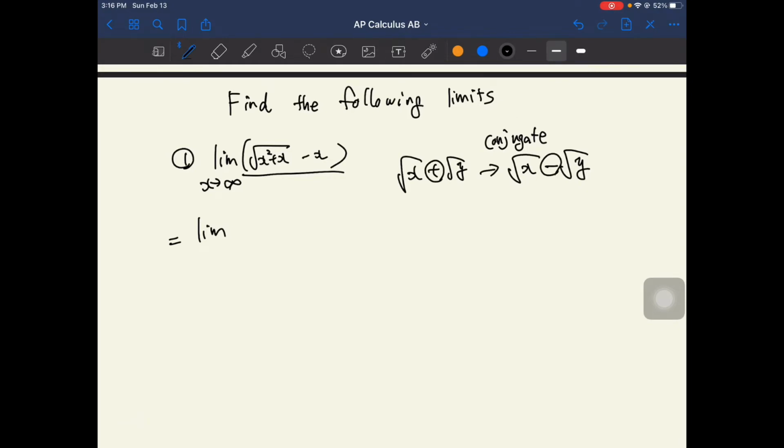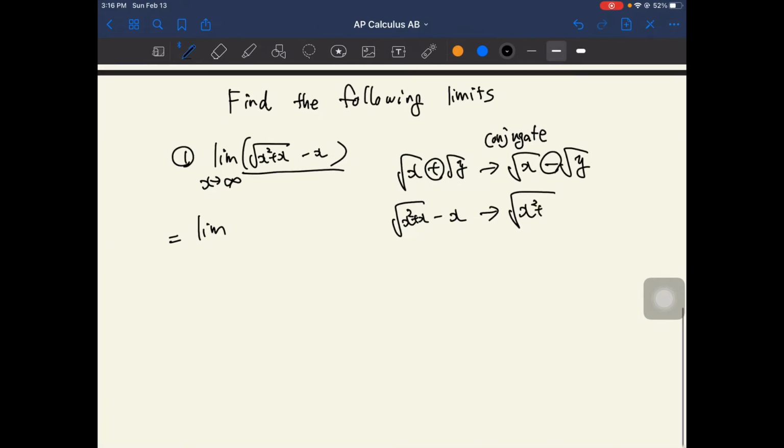So in this case, square root of x squared plus x negative x, its conjugate is square root of x squared plus x plus x. Okay, this is going to be important.